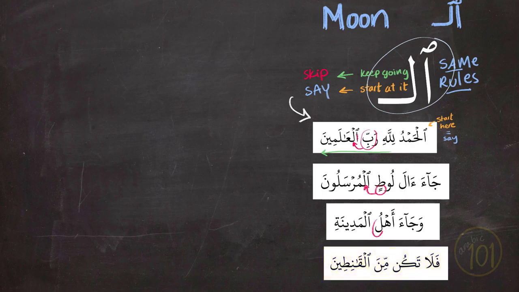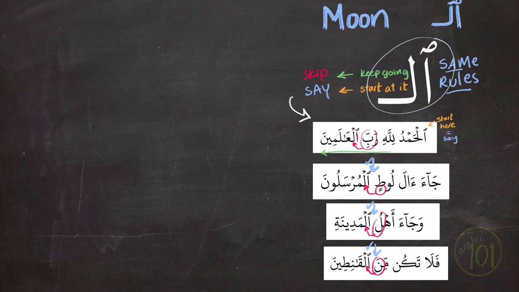Notice how I connected the last letter of these words to lam directly from the following word because I kept on reading and I said لوط المرسلون، أهل المدينة، من القانطين. But of course, if I start at these words, I will normally pronounce Hamzatul wasl without any problem.